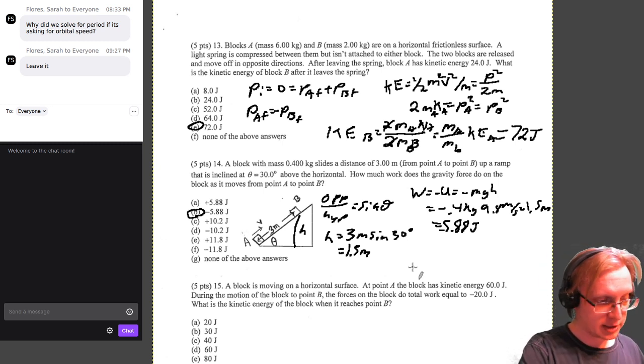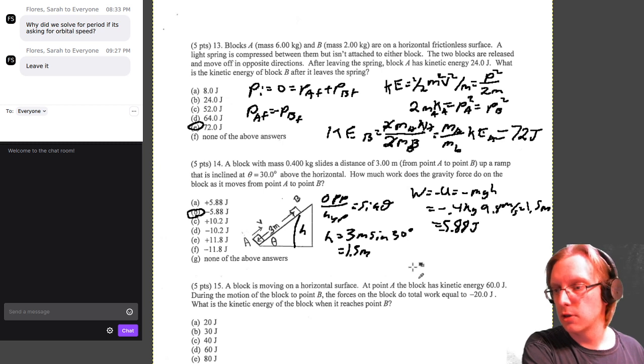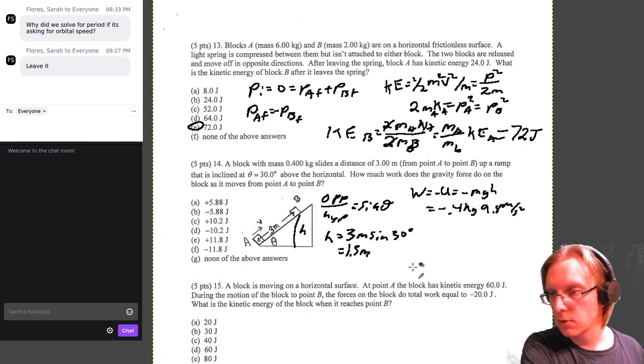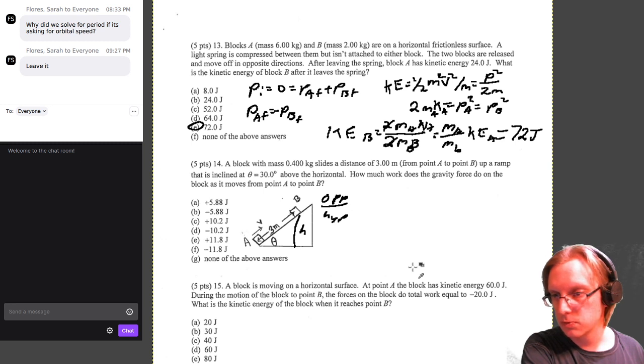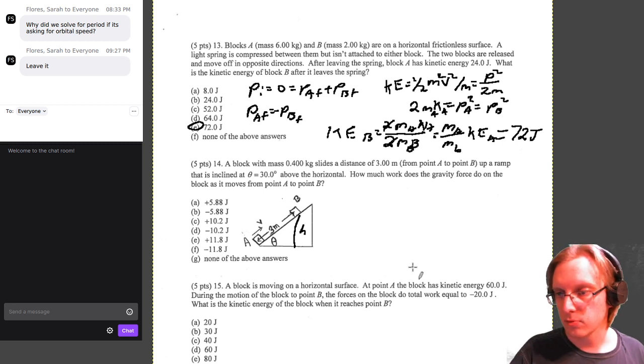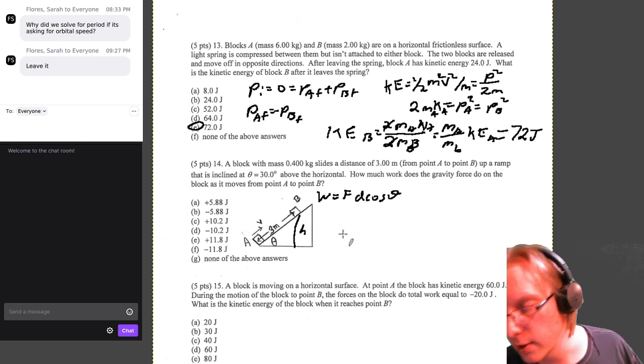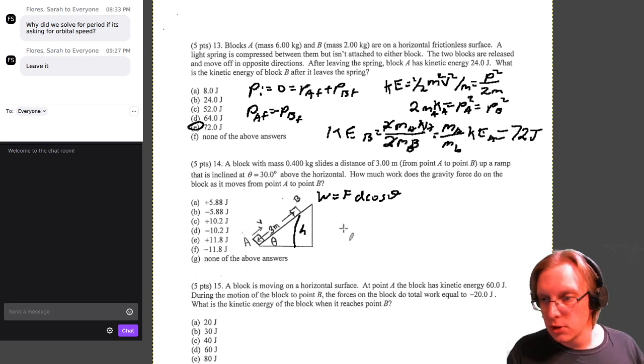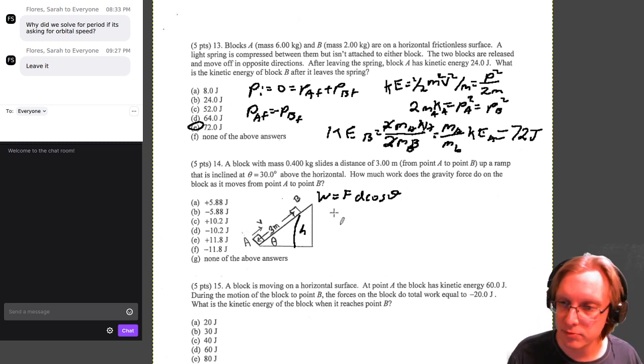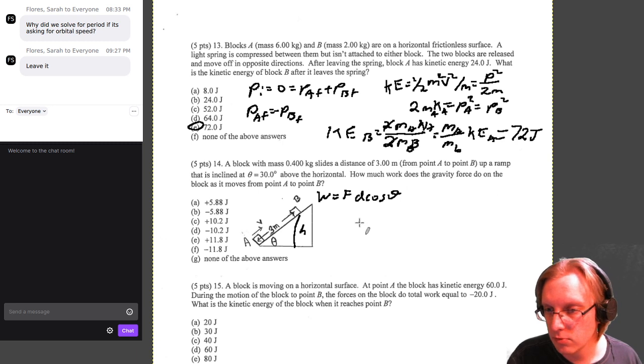That's probably not what they're expecting. They're probably actually expecting us to do work is equal to force times displacement times cosine theta. Okay, let's see here.